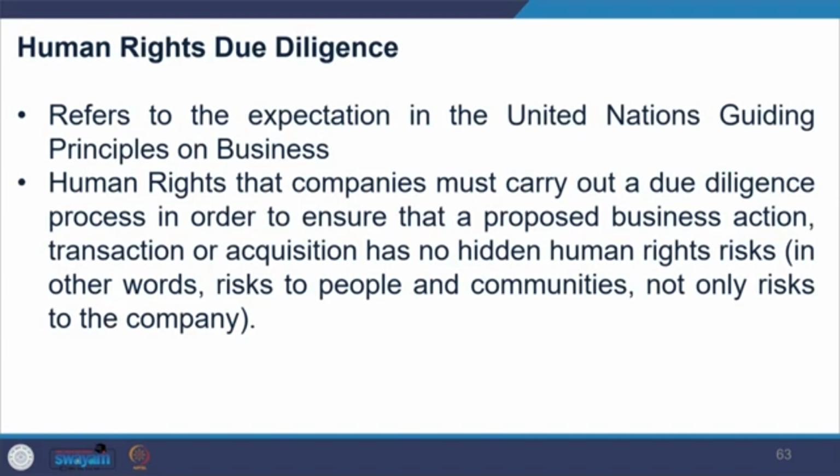Further, this particular guideline highlights human rights due diligence, which means taking care of the expectations and ensuring a proposed business action, transaction or acquisition has no hidden human rights risk. So that has to be taken care of.